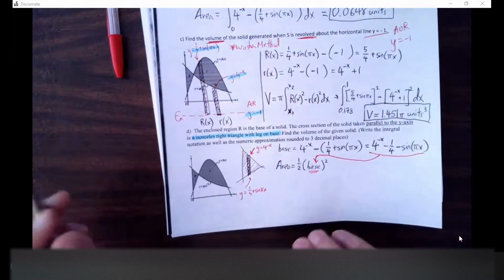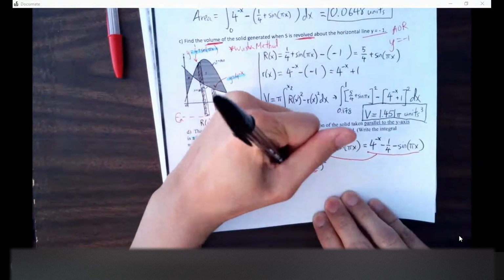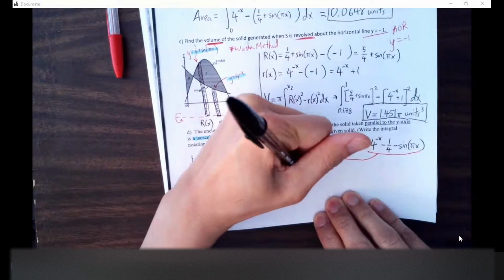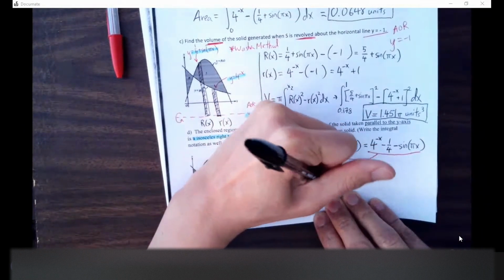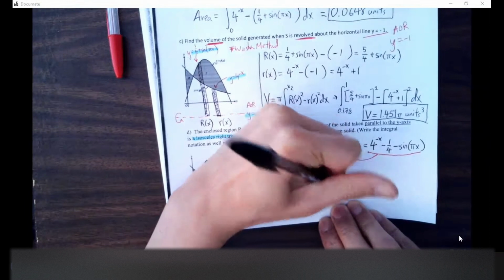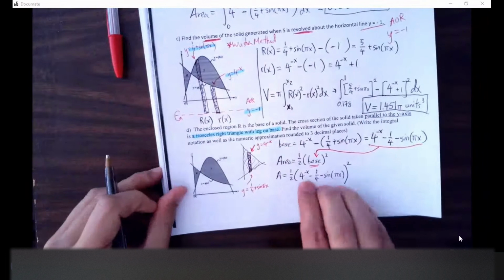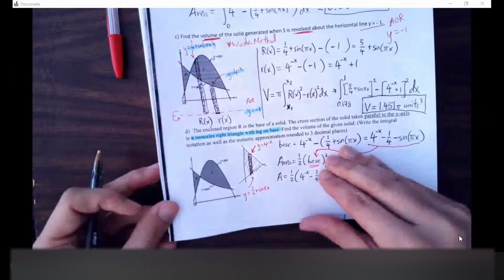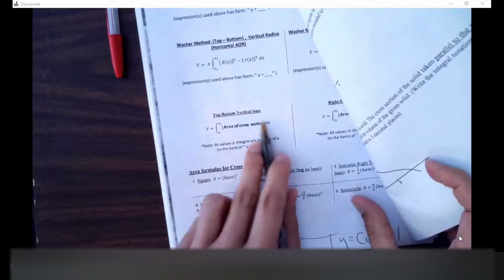So area is 1/2 base squared. Okay, so now we can put it into our volume formula. If we look at our cross section, we're doing top minus bottom here. So we just have to take that area expression and insert it into this space here.